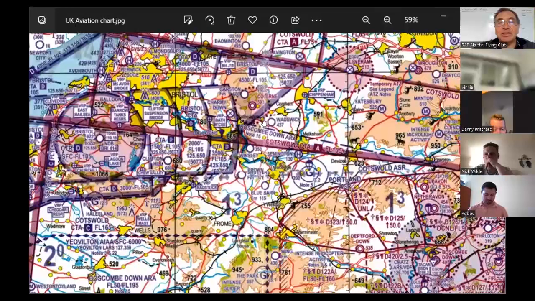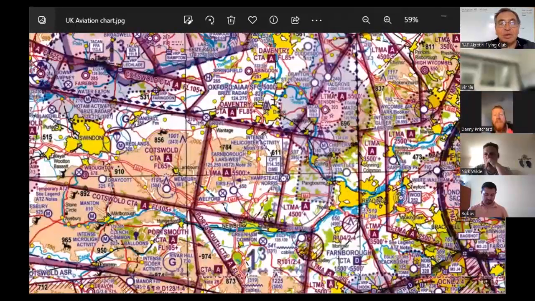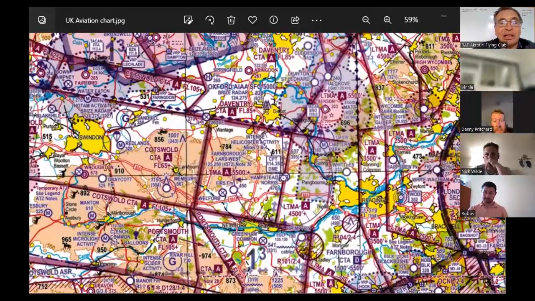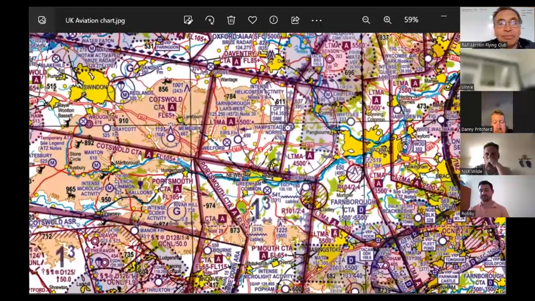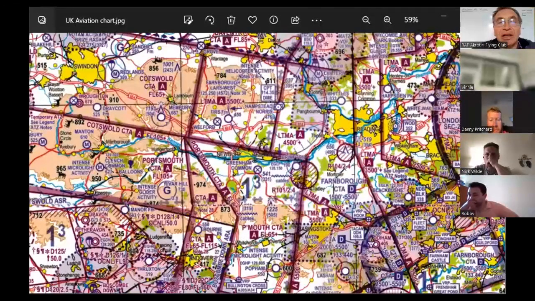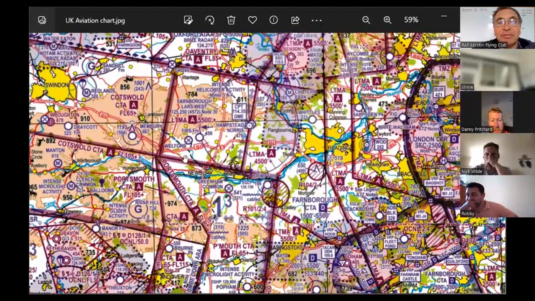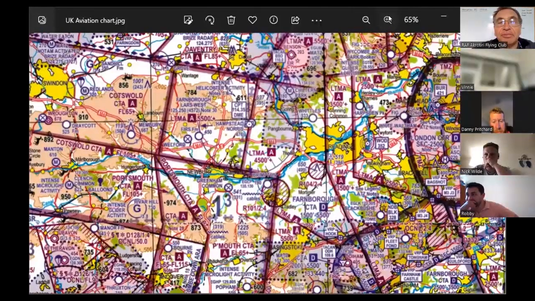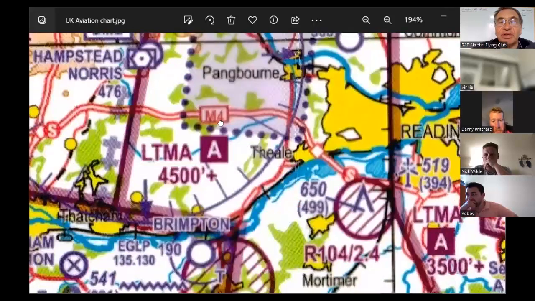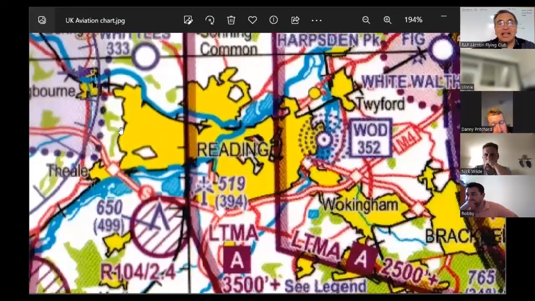I'll just zoom into one. So there's Woodley 352, which is here. There we go. That's what they look like. It's just a circle with lots of dots around it. You can see three dotted rings around it, with a dot in the middle showing where the actual NDB is itself.